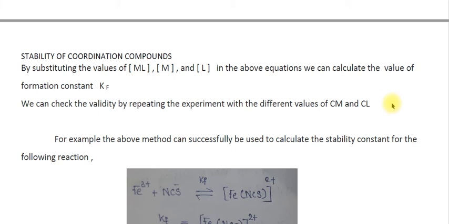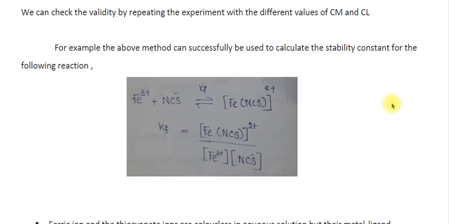We can check the validity of the experiment in that way. Okay, one example is given here. ഇവിടെ നമ്മളൊരു എക്സാമ്പിൾ വെച്ചിട്ട് ചിലവർ എക്സാമ്പിൾസ് വെച്ചിട്ടാണ് പറയാറുള്ളത്. ഓക്കെ, anyway one example is given here. For example, the above method can successfully be used to calculate the stability constant for the following reaction.